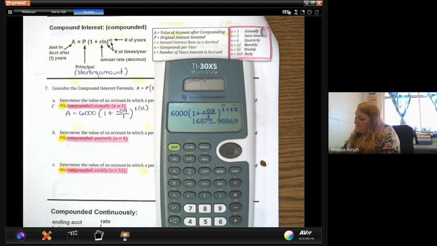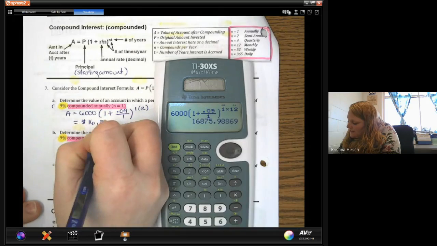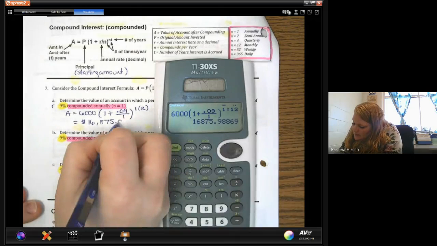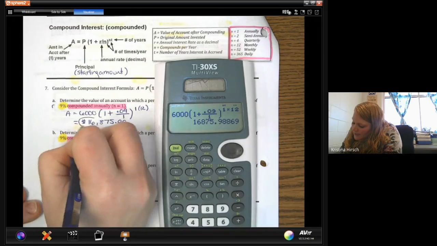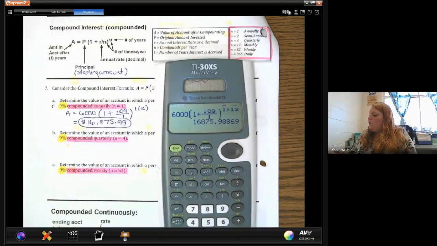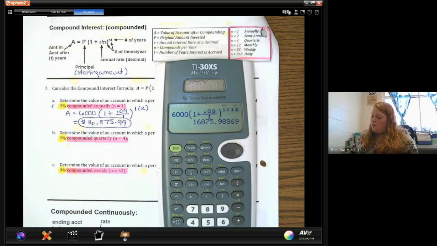And when I do that, I get $16,875.99 because money is dollars and change, right? Dollars and pennies. So we need to keep 2 decimals. So I'm going to round that, the 8 is going to make that bump up to a 9. So almost $17,000. And remember, I told y'all this is not realistic. You're not going to find a bank that's going to give you a 9% interest rate, okay?